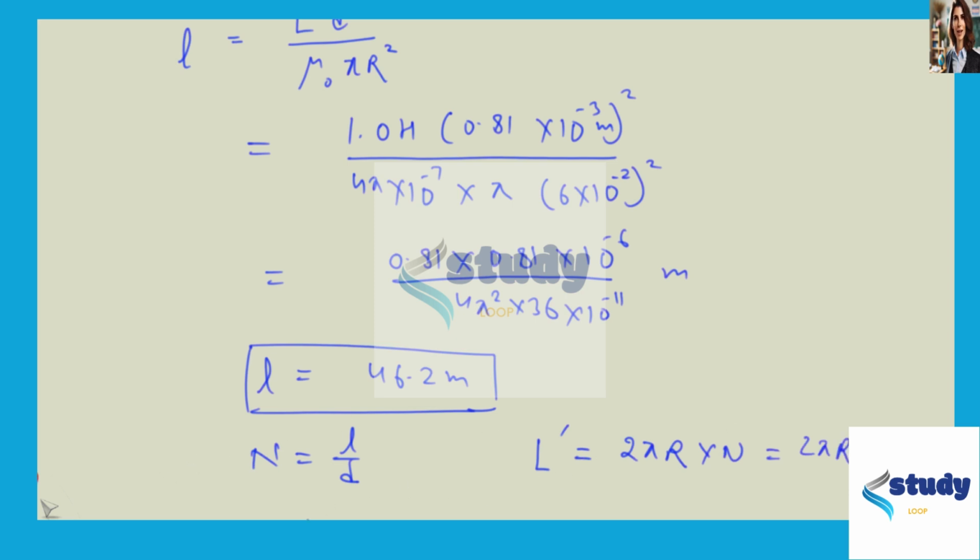Again plugging in all known values, l dash, the length of the wire used to obtain this solenoid, comes out to be, for l, 46.2 meter. For d, this is 0.81 into 10 raised to the power minus 3, then multiplied by 2 pi R, meaning 2 into 3.14 into 6 into 10 raised to the power minus 2 meter.